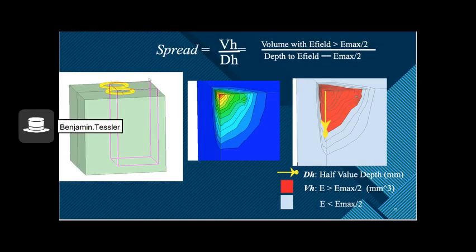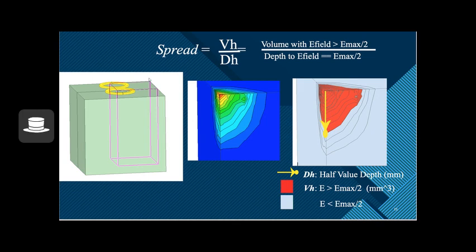To quantify the penetrative effect of various techniques and electrode placements, we're using a parameter called spread. To calculate spread, we take the volume at which the electric field is greater than half of its maximum, termed V half, divided by the depth at which the electric field is equal to half of its maximum, termed D half. To visualize this, we are looking at the electric field heat map of a cutout of the cube to the left.